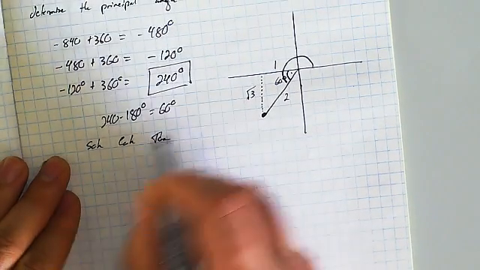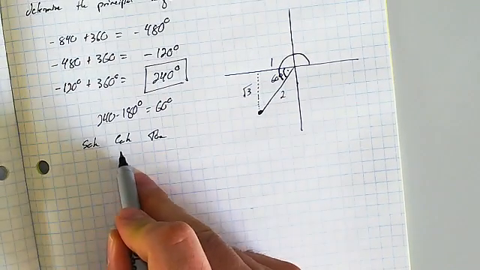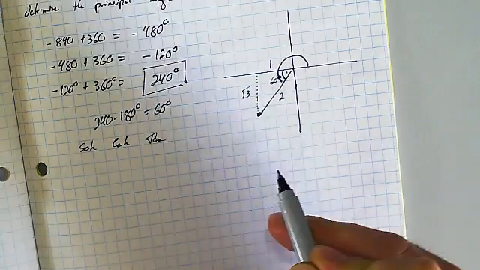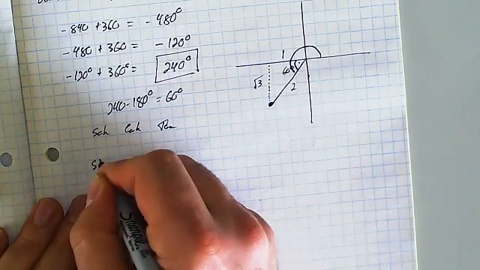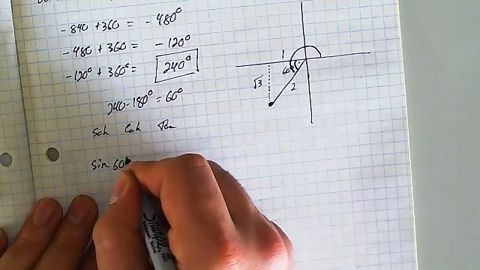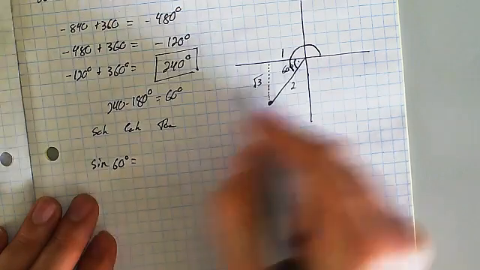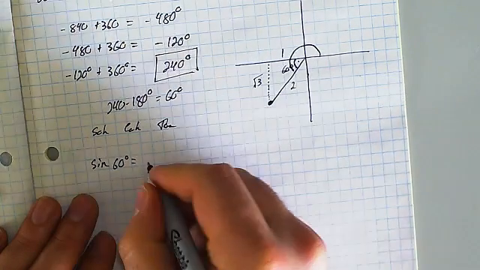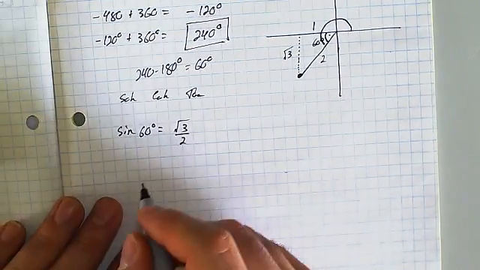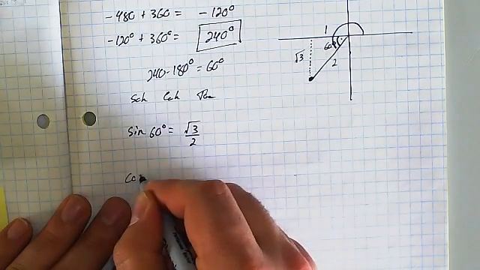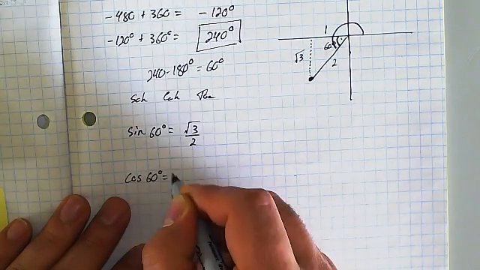So, again, dealing with exact values, we know SOHCAHTOA: sine is opposite over hypotenuse, cos is adjacent over hypotenuse, and tan is opposite over adjacent. Based on the 60 degrees, sine of 60 degrees is opposite over hypotenuse, so root 3 over 2.